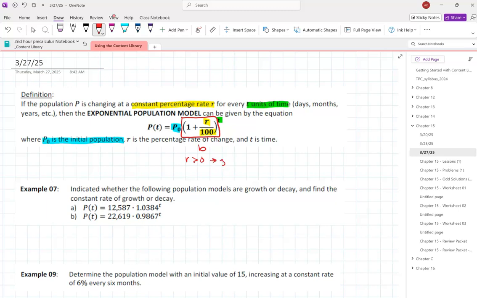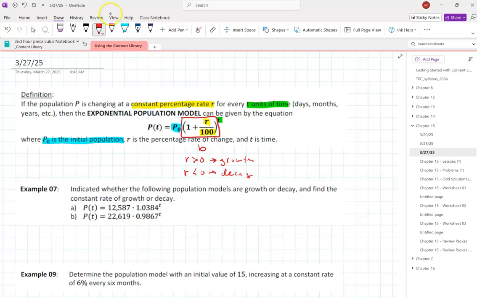That's going to imply that we have growth. If R is negative, 1 plus R over 100 is going to be less than 1. That's going to imply that we have decay. Does everybody feel okay with that notion?